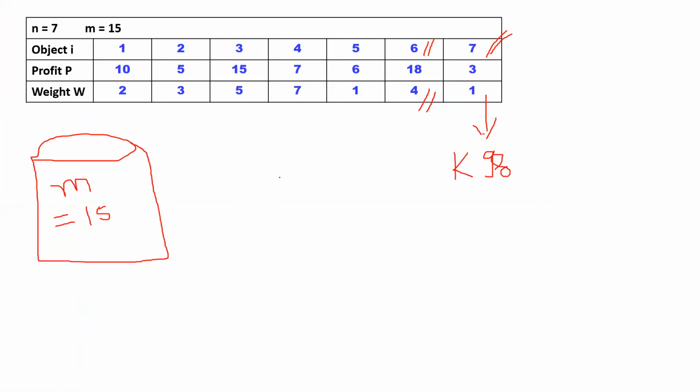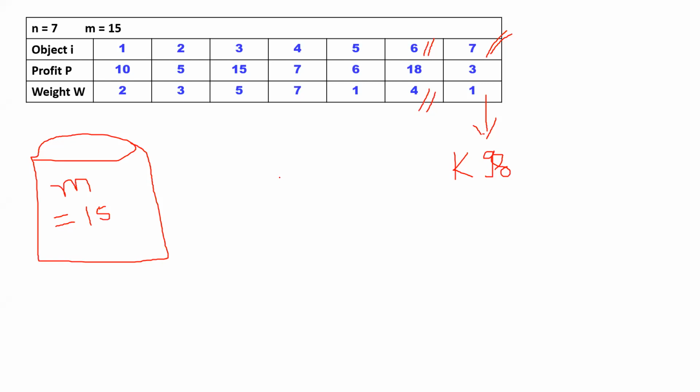Now, what are these objects? If I'm assuming that all these objects are vegetables, object 6 is tomatoes. I have 4 kilos of tomatoes. When I'm filling these tomatoes into the bag, it's possible that I'll fill all the 4 kilos into the bag.